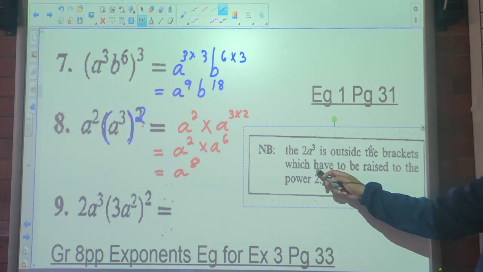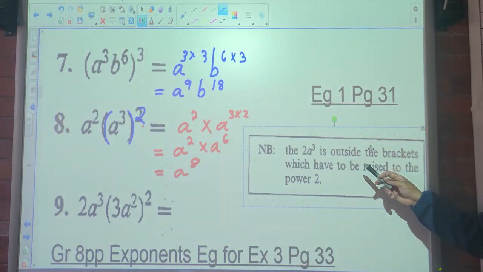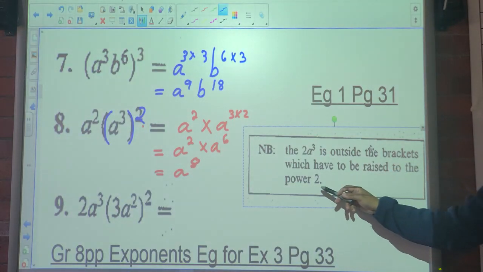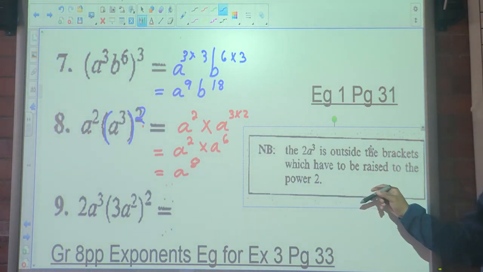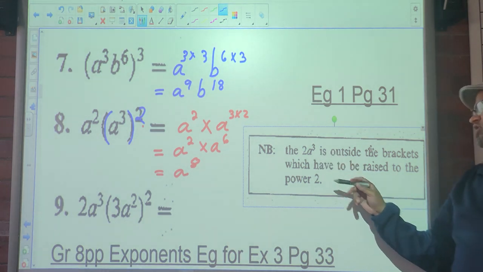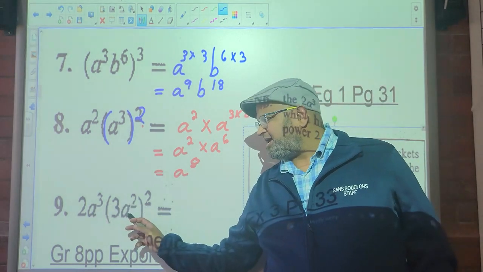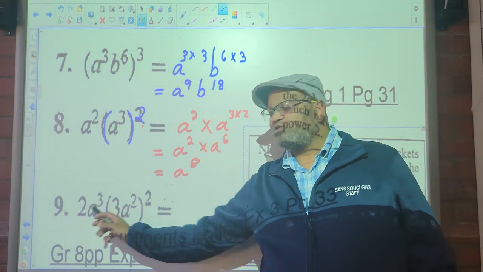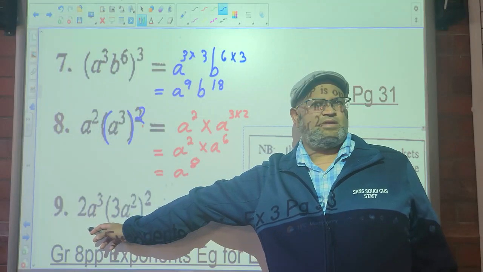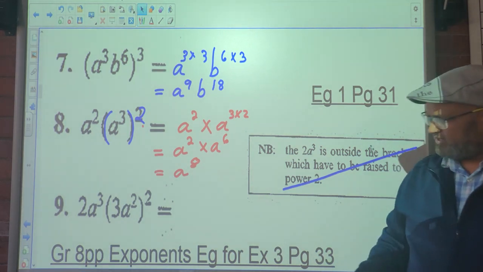It says here 2a cubed is outside the bracket, which has to be raised to the power 2. It should be that 2a cubed is outside the brackets, which has not to be raised to the exponent 2. Since this 2a cubed is not inside the bracket, that exponent 2 doesn't apply to it. So this here is wrong, no? The wording is wrong.